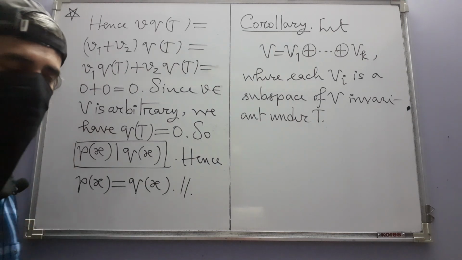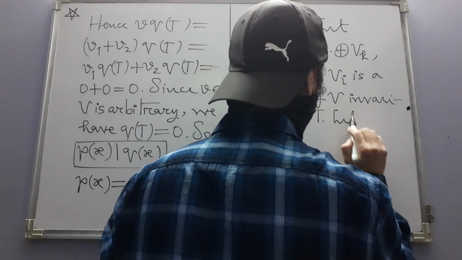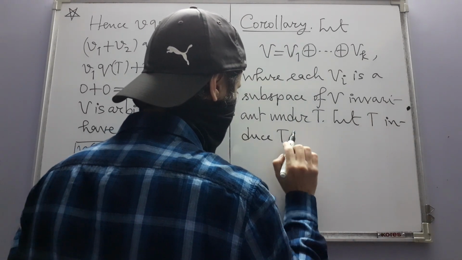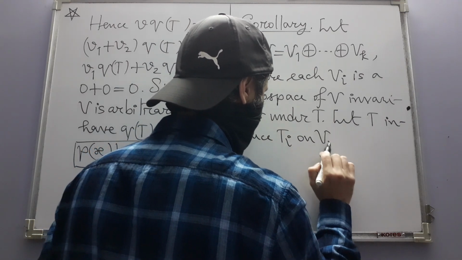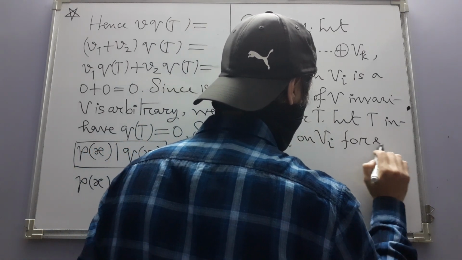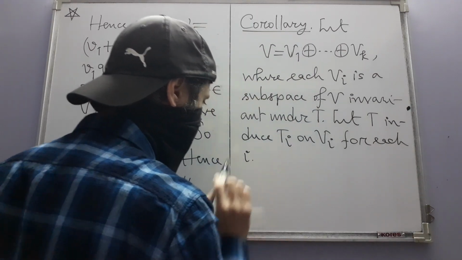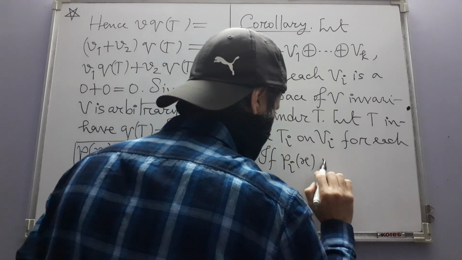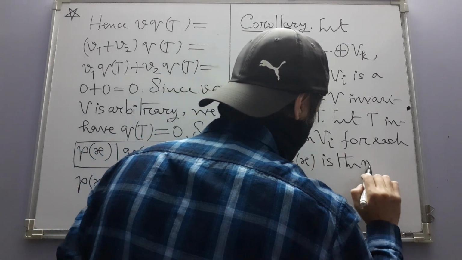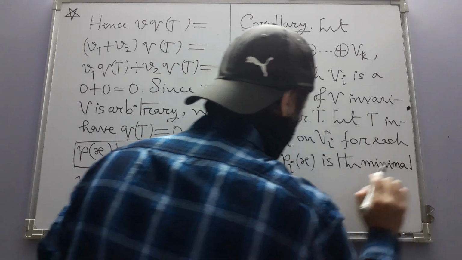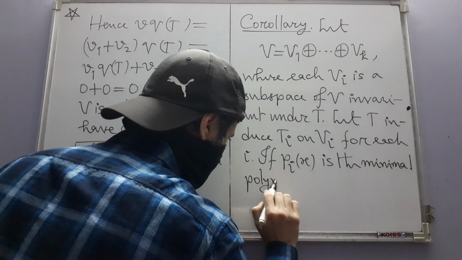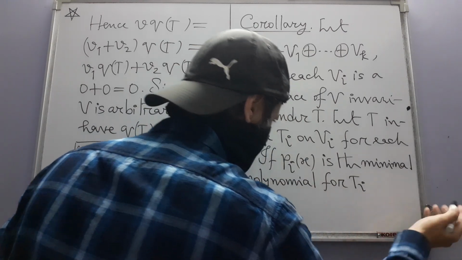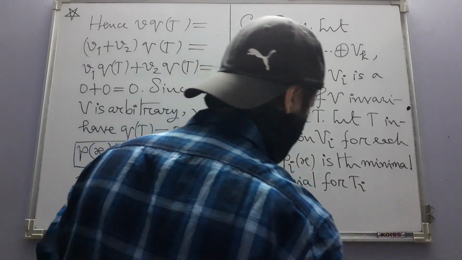Okay, what else do we need? We are going to need those restrictions. Let T induce Ti on Vi for each i. If Pi of x is the minimal polynomial for Ti over F, that's understood. Okay, if you want you can write it here.